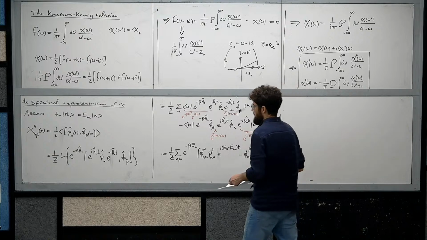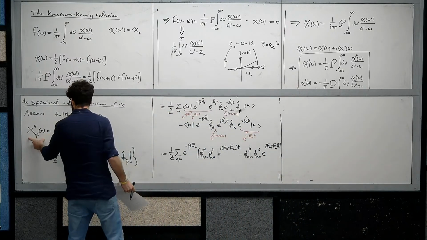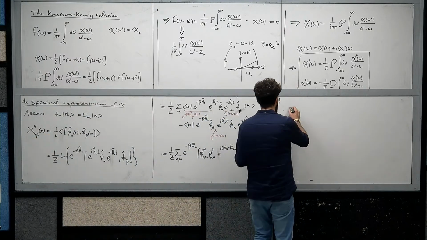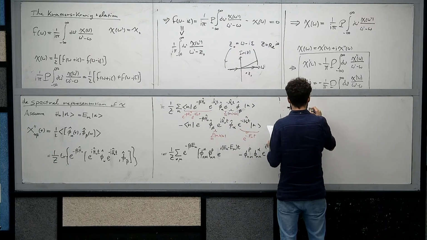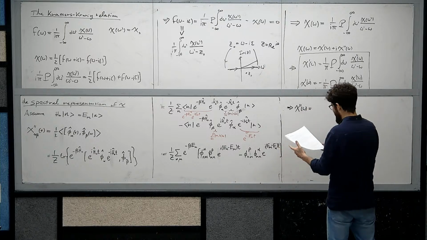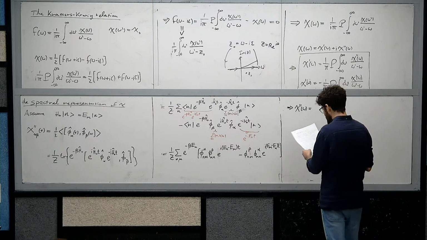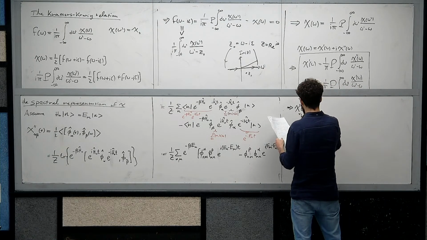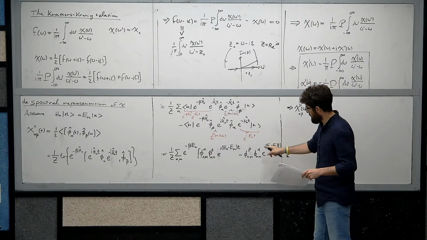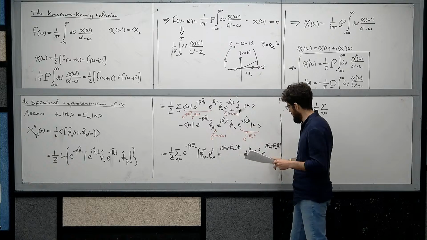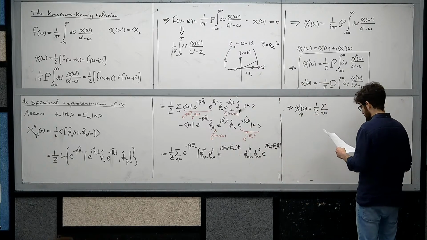Okay, so this is chi double prime of t, and from this I conclude that chi double prime of omega, this dissipative part, say alpha beta in this case, is 1 over Z sum over n and m. So I just Fourier transform this, and these guys give me delta functions, right?